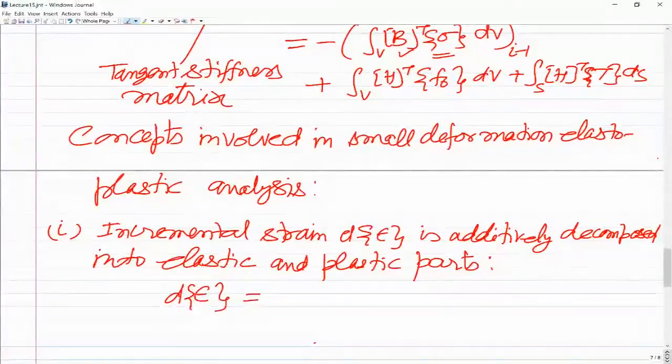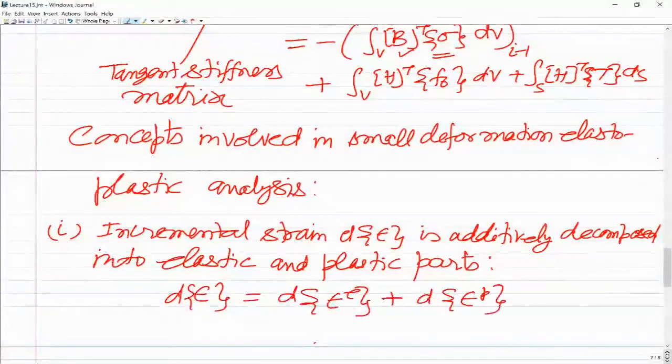Similarly, the incremental strain is additively decomposed into the elastic part and the plastic part, D of epsilon P. Superscript E is for elastic here, although I have also used E for element, but in the strain, superscript E is for elastic and superscript P is for plastic.